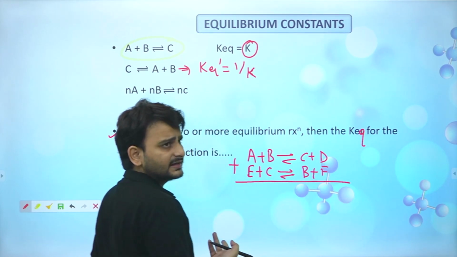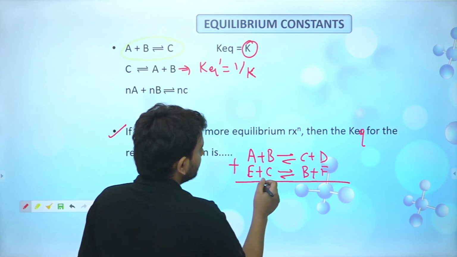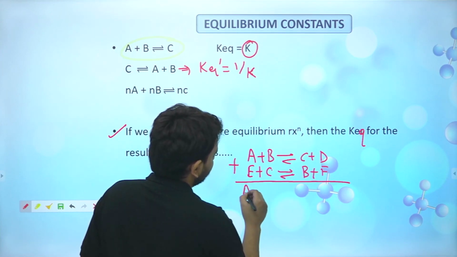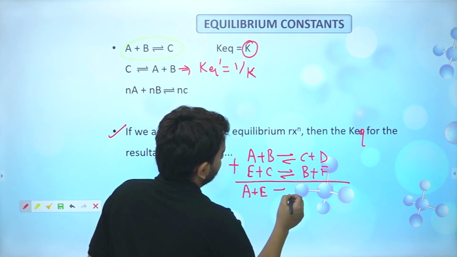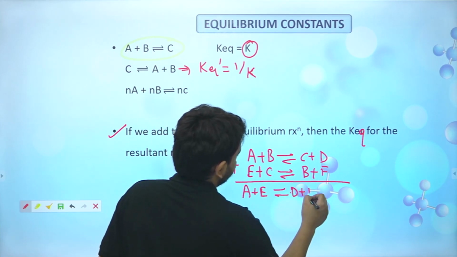We've done this in class 10 as well. So basically what we'll do over here is, this C and this C will get cancelled, this B and this B will get cancelled, we'll get A plus E giving D plus F, basically.